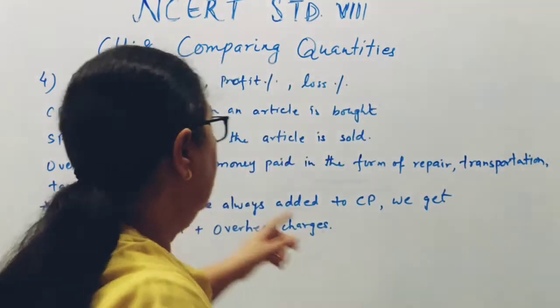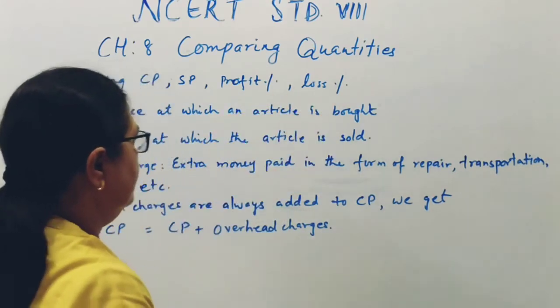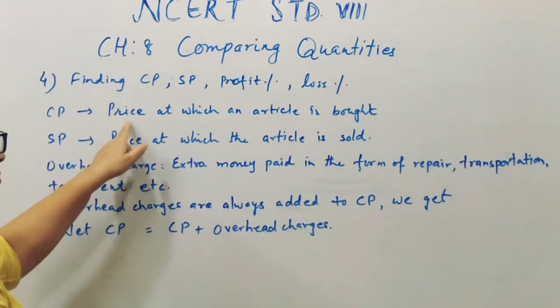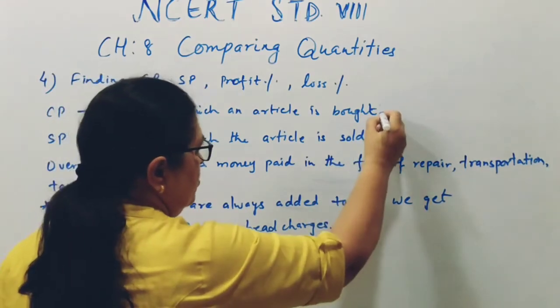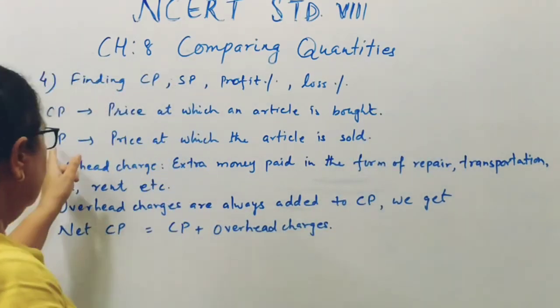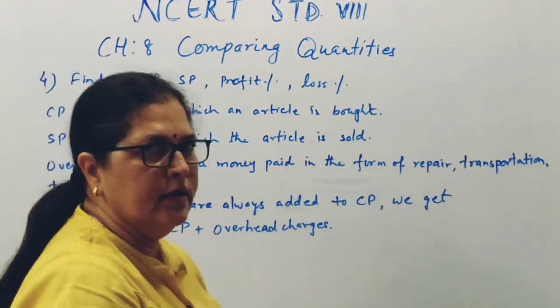Number 4, finding CP, SP, profit percent, loss percent. What is CP? Price at which an article is purchased or bought. Next, SP, the price at which the article is sold.